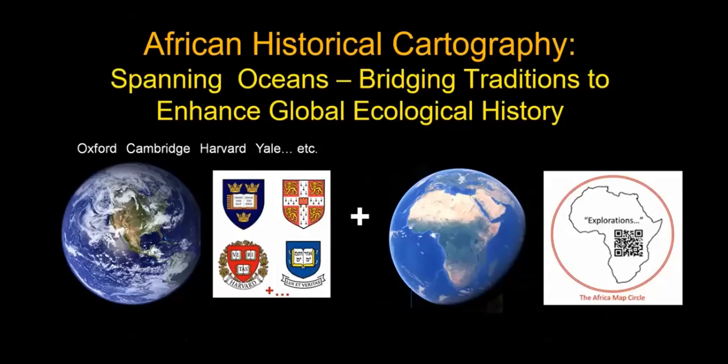This is why African historical cartography is much broader in its scope than initially the maps themselves. You can combine maps available from Oxford, from Cambridge, from Harvard, from Yale, all of which have scanned in maps and have very valuable collections of their own, in addition to individual colleges at Oxford or Cambridge.